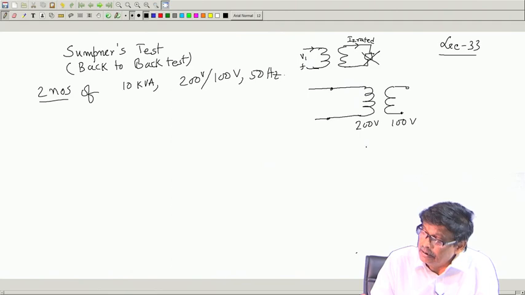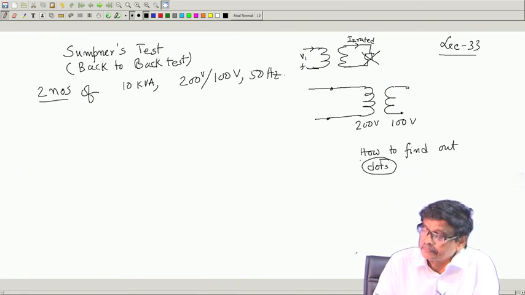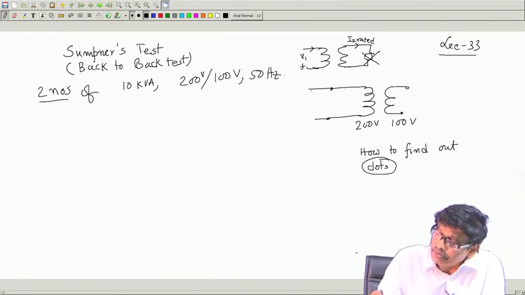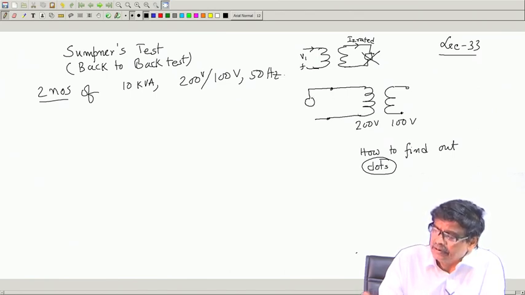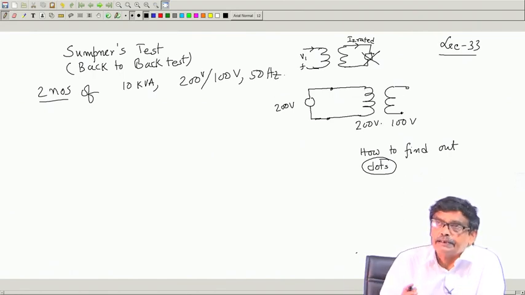See, how to find out dots. So, what you do is this: you apply, say, 200 volt to this winding, and there are no dot markings here.